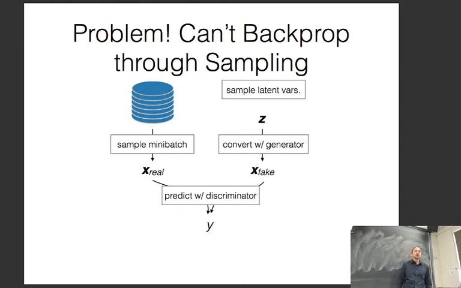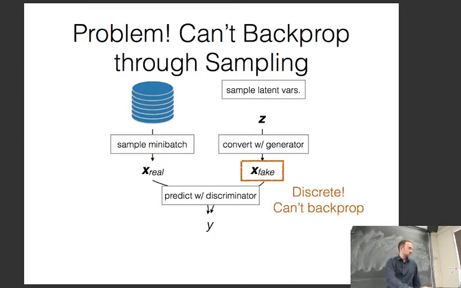The reason why GANs weren't applied to text immediately is that there's a very big problem that we're all familiar with now, which is that we cannot backprop through discrete decisions.